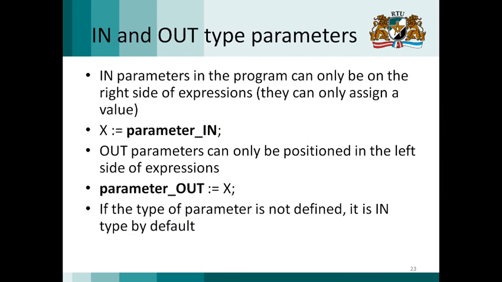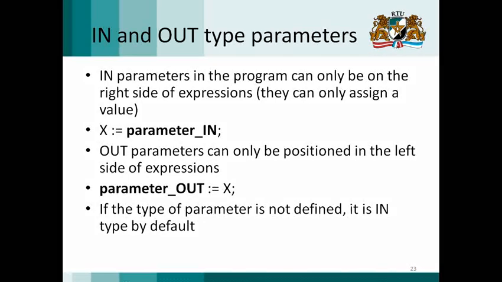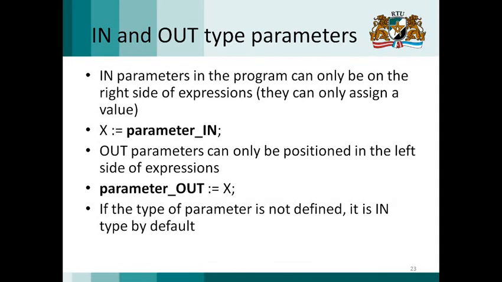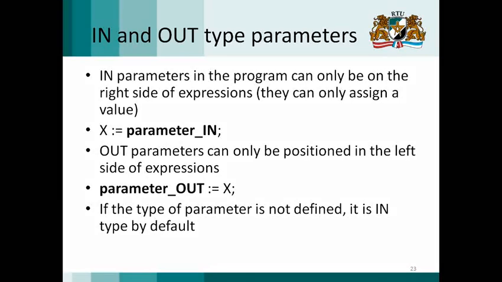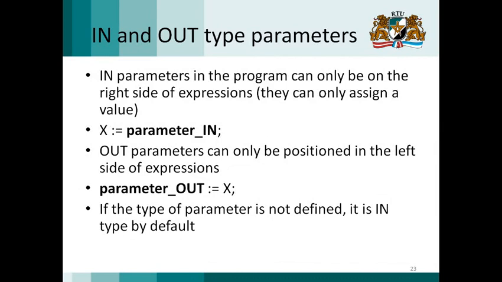So, and about these in and out parameters. What do they mean? In parameters in the program can only be on the right side of the expressions. In this case, this may be considered the right side of the expression, but it means actually that they can only be read, they cannot be changed, they cannot be assigned a value.